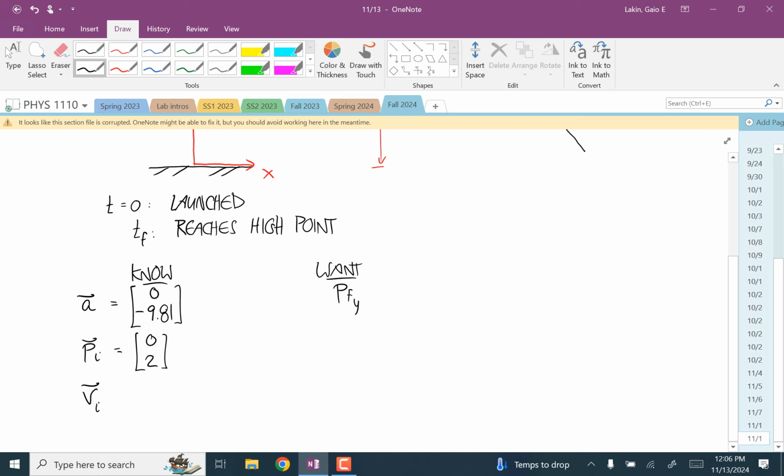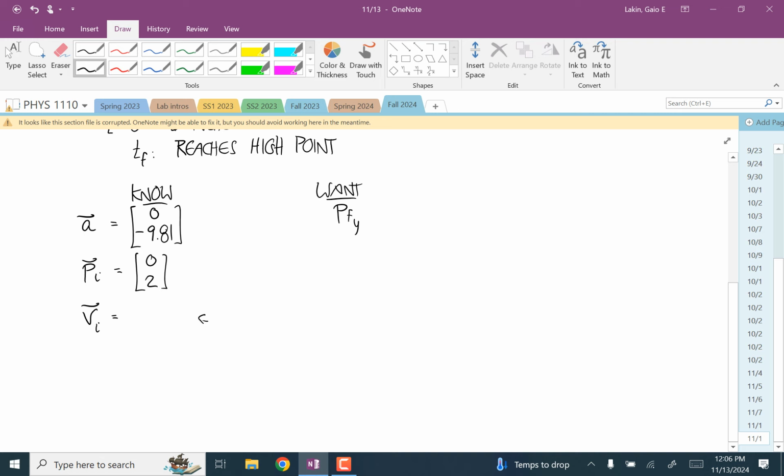The initial velocity is the initial speed of 15 meters per second times the cosine and sine of 30 degrees.